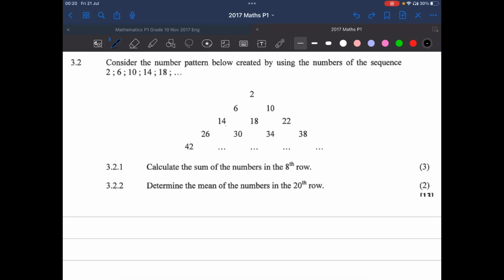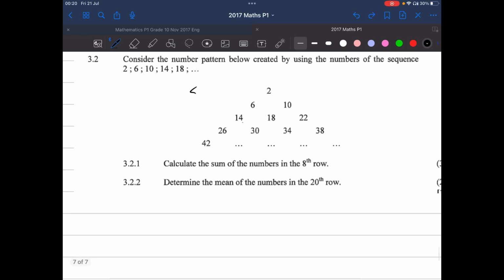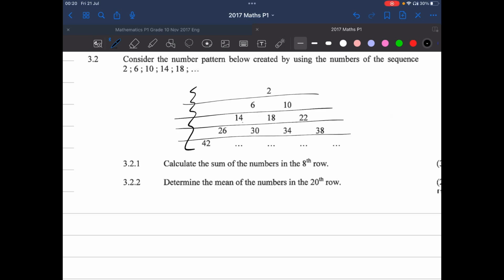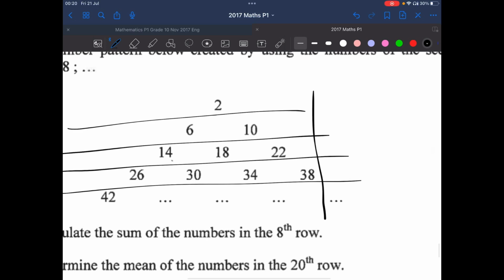Calculate the sum of the rows of the numbers in the 8th row. Okay, so how are we going to do that there? Let's start by seeing if there's some pattern to the sums of each row. Okay, so I'm just gonna do this like this, and then we can see if there's a pattern.